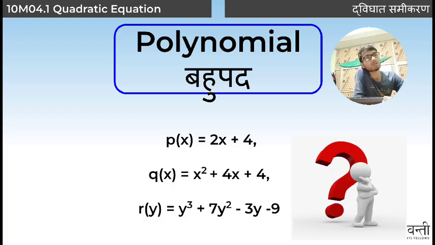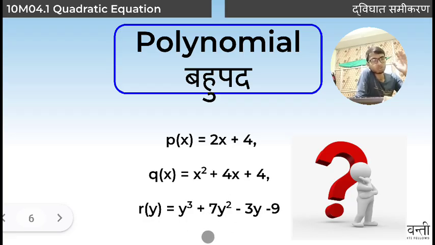It can go till infinity. Here we can see the degree is 1, the exponent is 1. That's why it is valid to be called a polynomial. Now here, the degree is 2, the exponent is 2, and it's a whole number, so it is also valid.